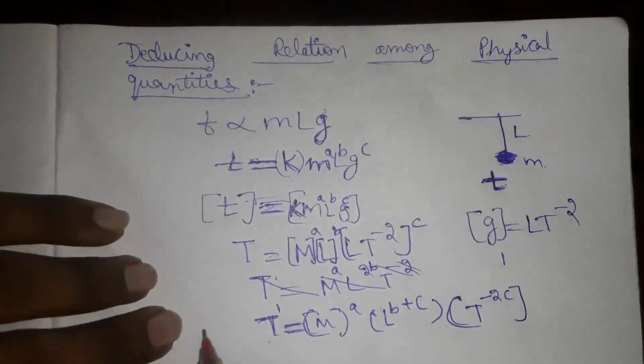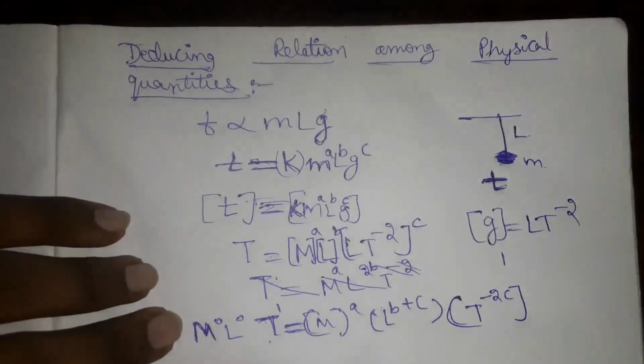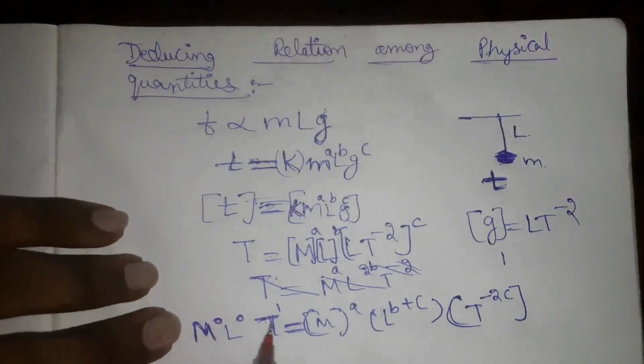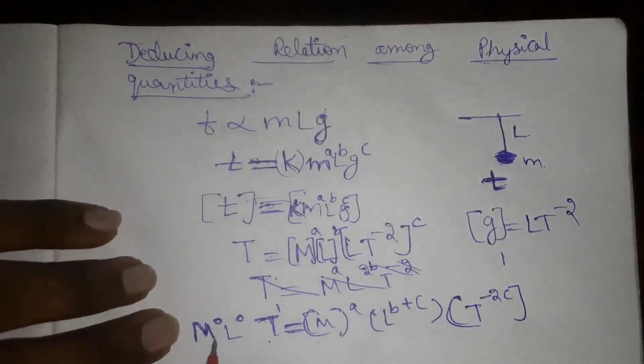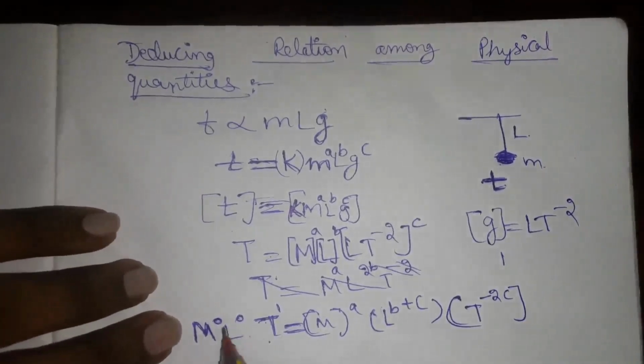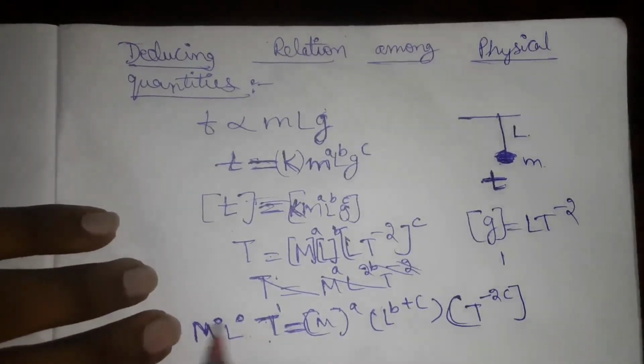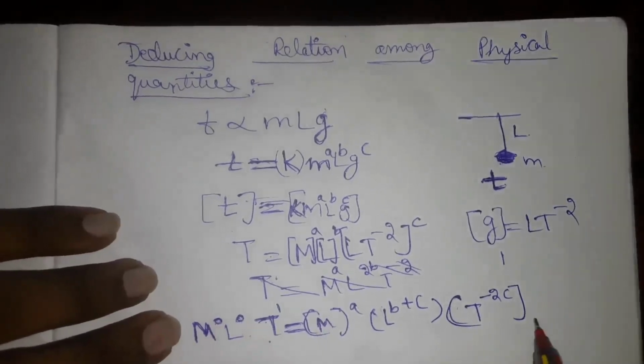Now we have to compare both side powers. We take M power 0, L power 0, which means it doesn't depend upon M and L on the left side, so we take 0, 0. So we compare the powers of the bases M, L, and T, to find the values of a, b, c.